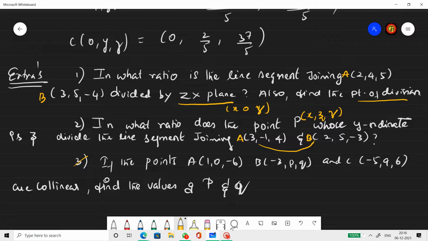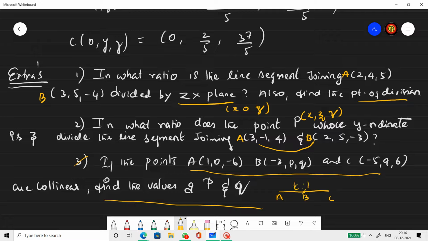Question number 3. If the following points are collinear, find the values of P and Q. Fine. If the following points are collinear, I am going to take them in order A, B, C. And I am going to assume that B divides AC in the ratio of k is to 1. And I am going to find k. How?